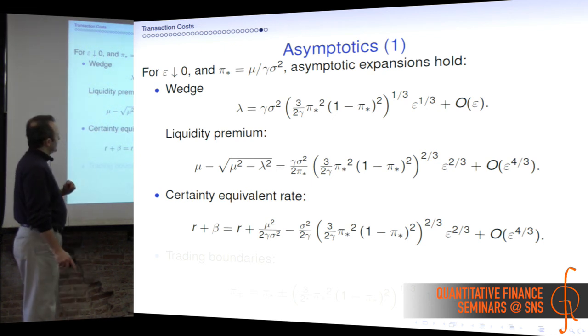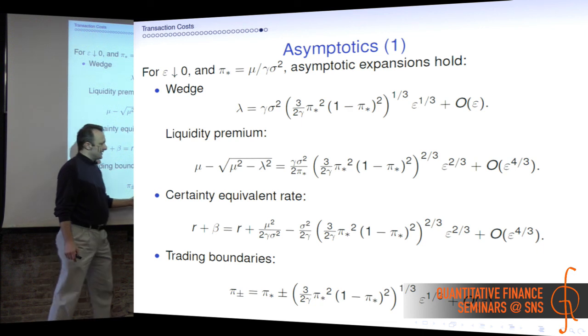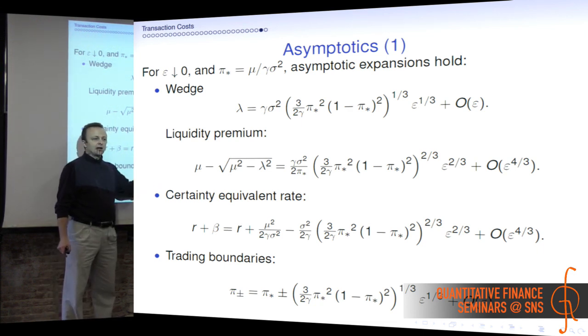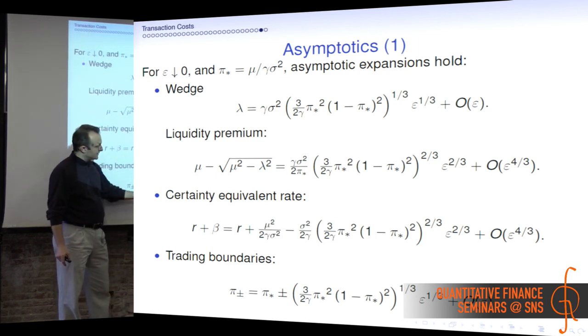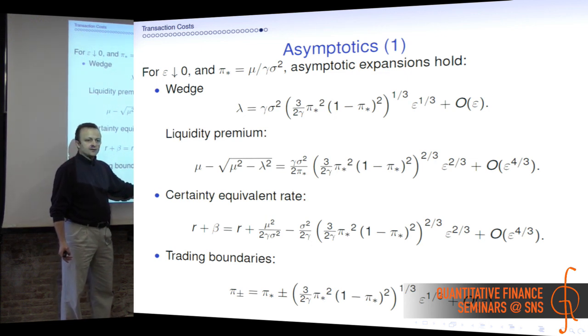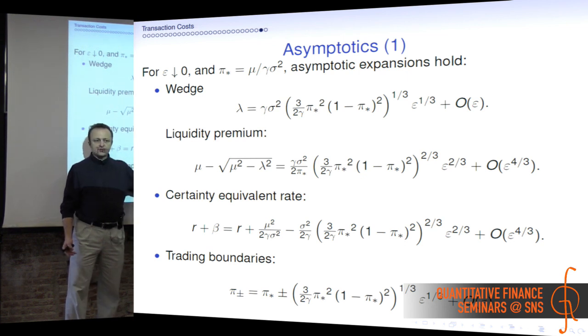Now, if you look at the trading boundaries, everything that I told you earlier for the certain equivalent rate basically carries over. So the trading boundaries are opening up around Merton by an amount that is larger when the effect of the transaction cost is larger, and by an amount that is smaller when the effect of the transaction cost is smaller.